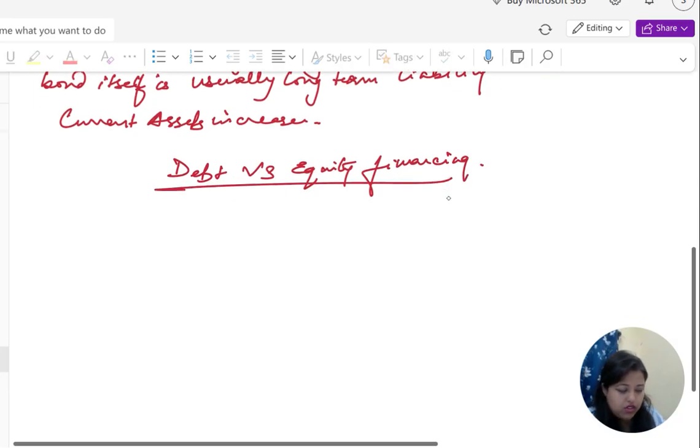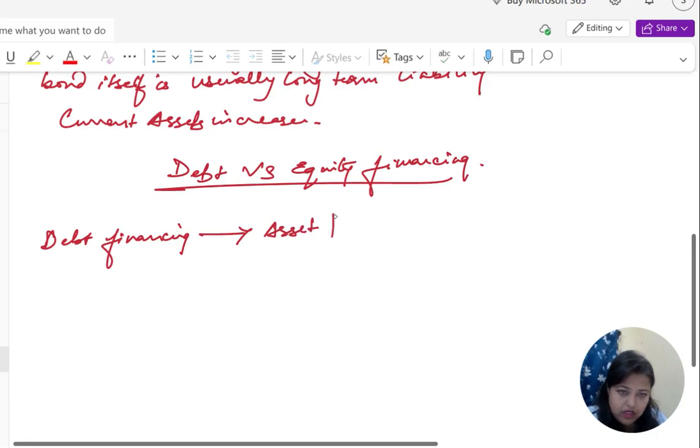Debt financing is about assets going up, liabilities increasing, and equity having no change.